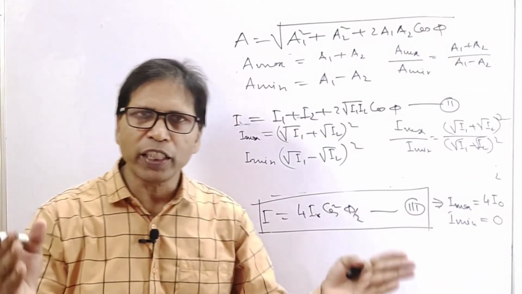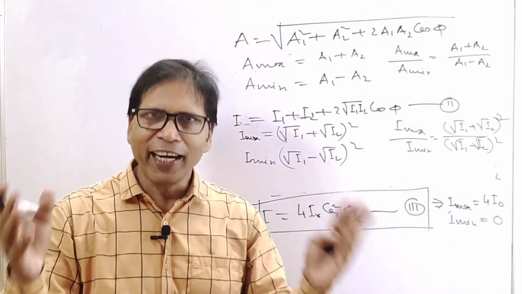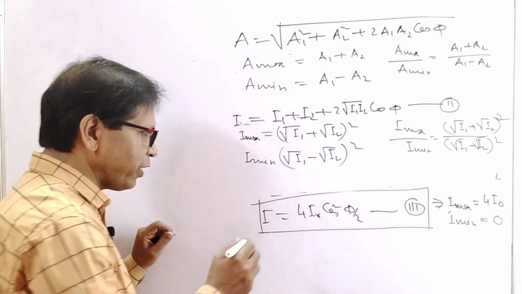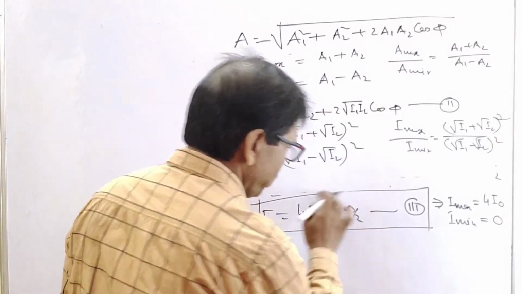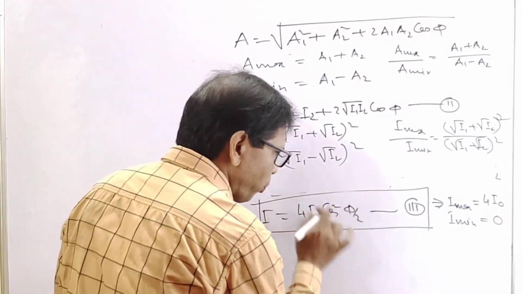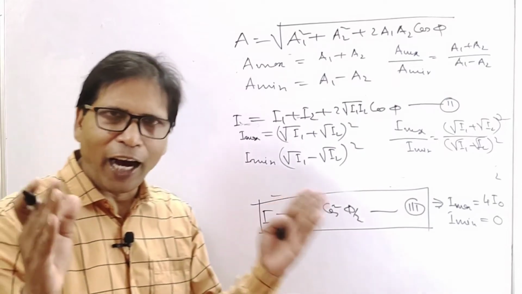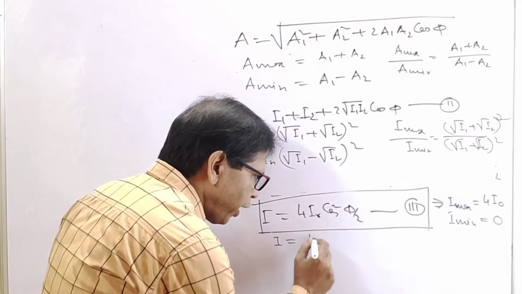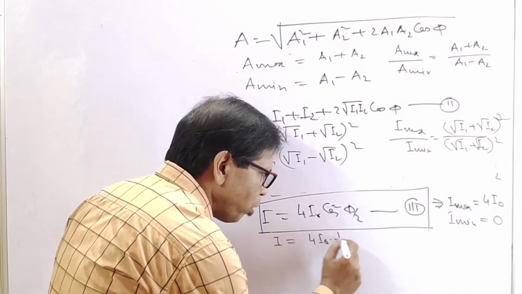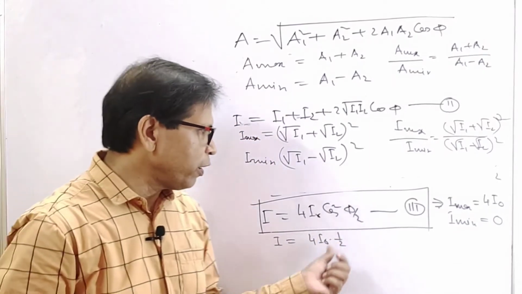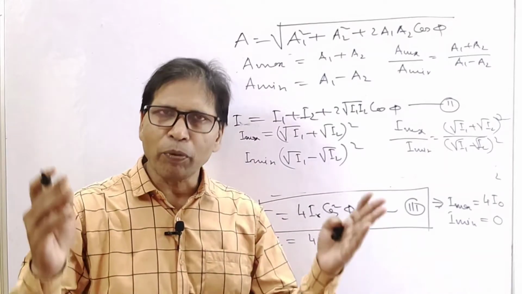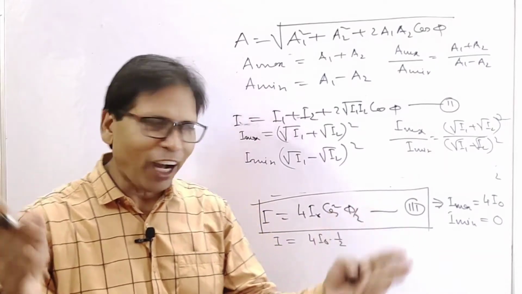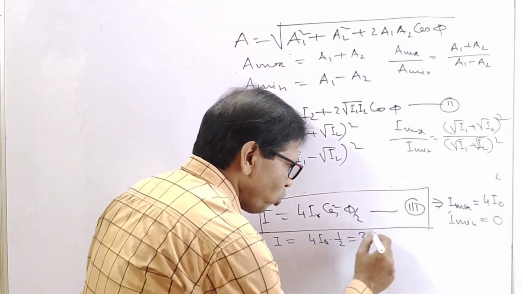Now if the sources are incoherent, the resultant intensity becomes the average value of this. The average value of cos square phi is half. So for two incoherent sources, the resultant intensity becomes 4 I naught into half, which is 2 I naught.